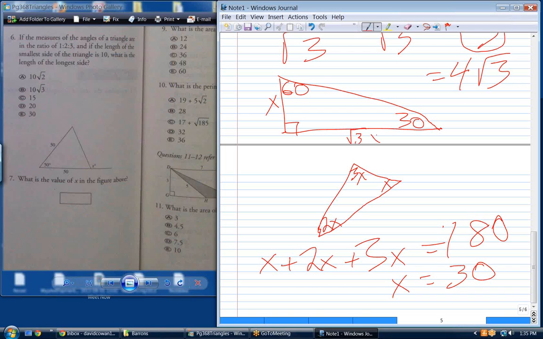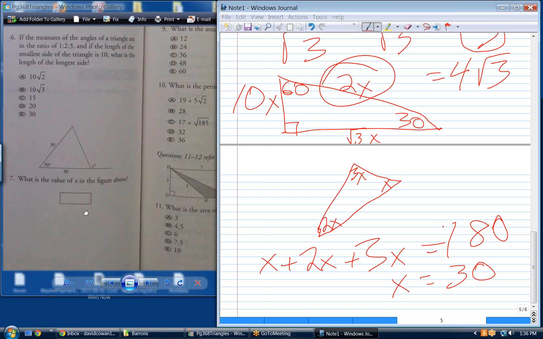Yeah, we generally put the number in front of the x, not afterwards. In the GMAT book, they do it the other way. And then 2x. So they're telling us that the length of the smallest side is 10. What's the length of the longest side? 20. Exactly, since the hypotenuse is the longest side.